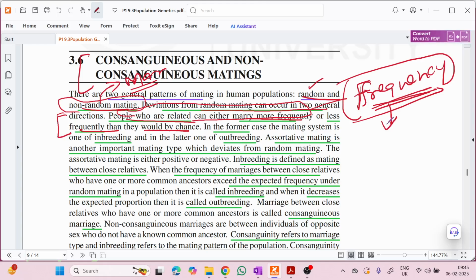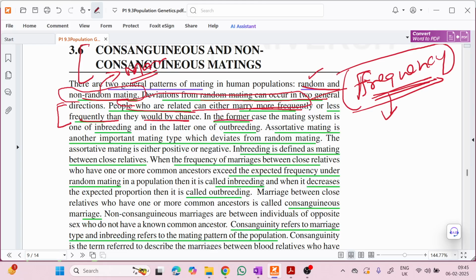In the medium term, it is shown that there are harmful effects associated with a higher frequency of consanguineous mating. In the former case, the mating system is one of inbreeding and in the latter, outbreeding. You can equate them with inside versus outside or inbreeding versus outbreeding. Then assortative mating is another important mating type which deviates from random mating. Assortative means you have higher preferences.